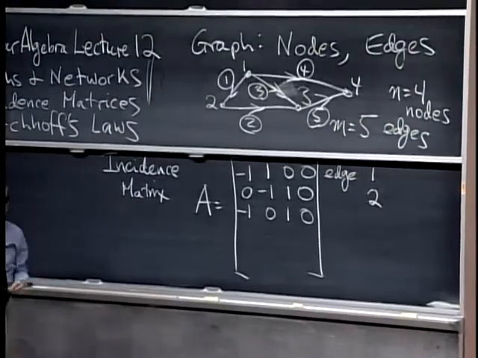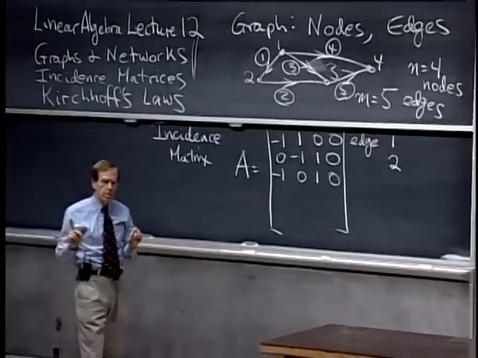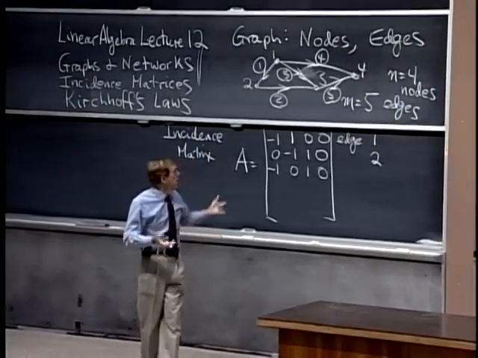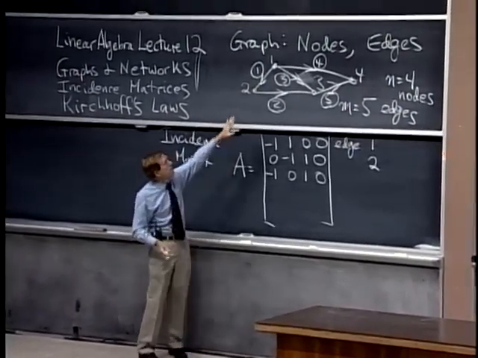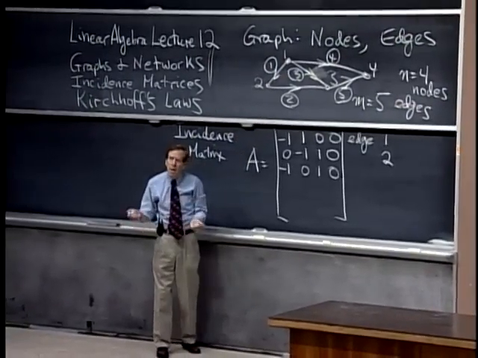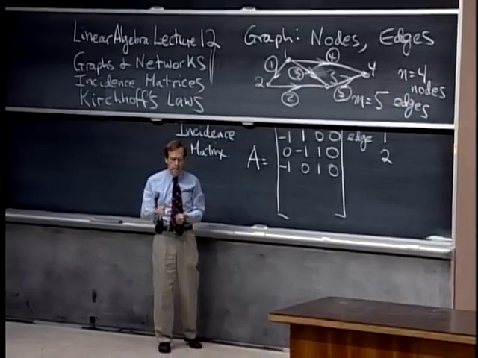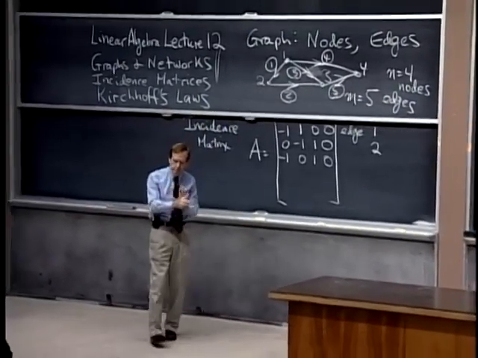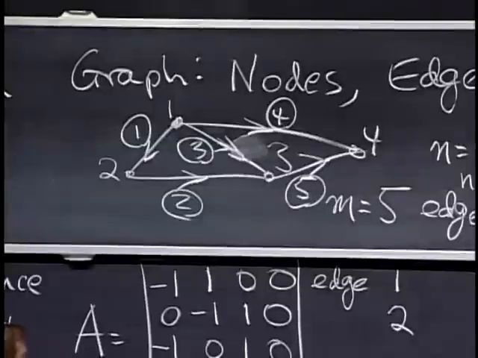Edges 1, 2, 3. Those form what do you call the subgraph formed by edges 1, 2, and 3? That's a loop. And the number of loops and the position of the loops will be crucial.